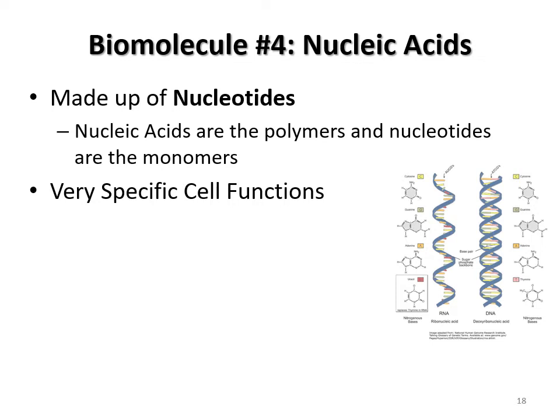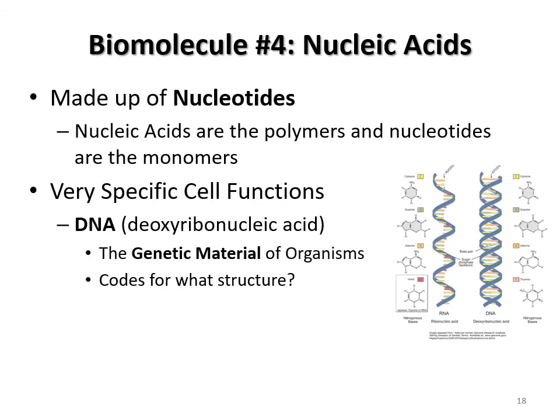Now, nucleic acids have very specific cell functions depending on which nucleic acid you're thinking of. Whenever you hear nucleic acids, I want you to think of DNA and RNA, and also later we'll mention ATP as well. So DNA is deoxyribonucleic acid, and that, as you know, is our genetic material. That's the blueprint for everything that you end up becoming, in terms of cell structure.